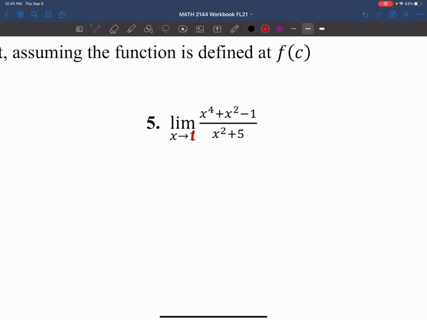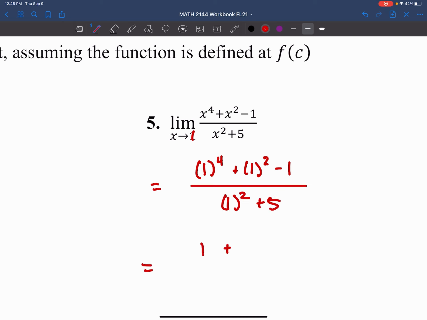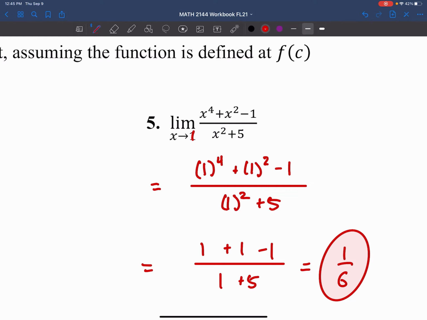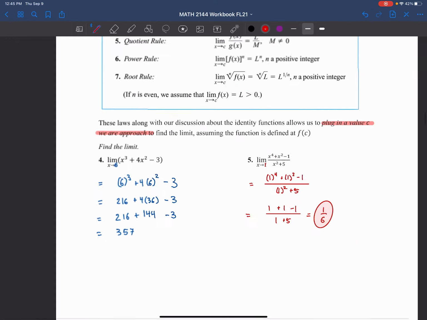Because when at and near are the same, we could just go ahead and consider plugging it in. So we have 1 to the 4th plus 1 squared plus 1 minus 1 over 1 squared plus 5, which is 1 plus 1 minus 1, which is 1 plus 5. Did you end up with 1/6? Very good. Let's look at a few more examples.